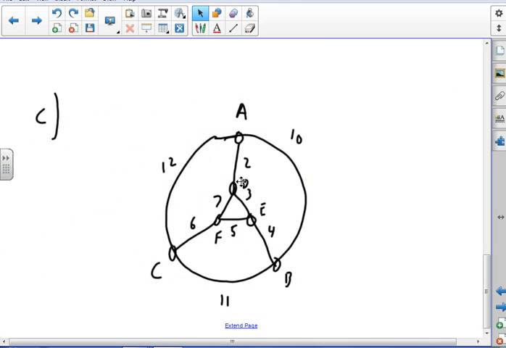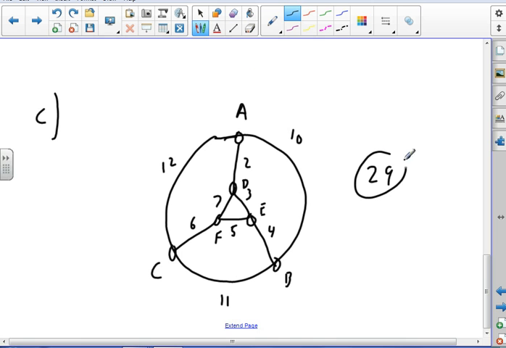All right, so if I would like to take the 2, I've already done that. 10, already did that. I think I already have it. 2, 7, 5. I already have it. So the 29 is the optimal one.